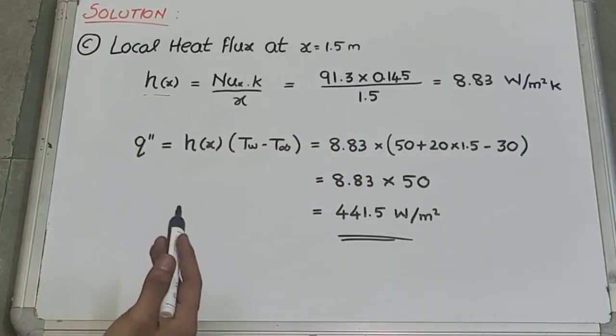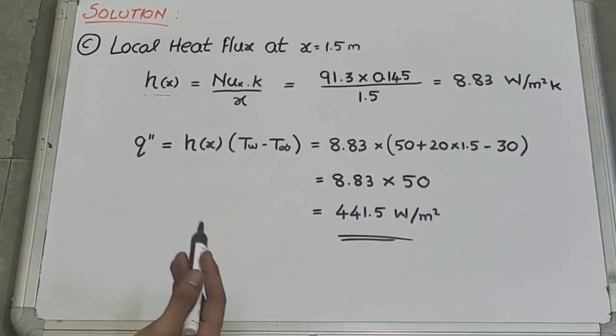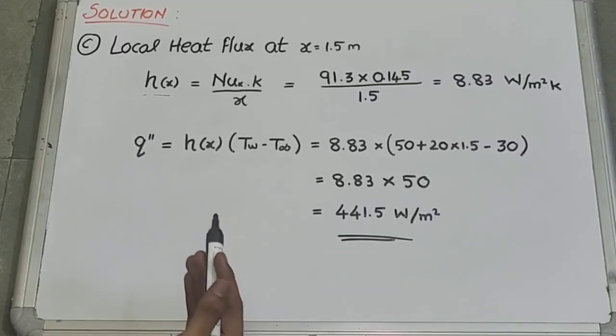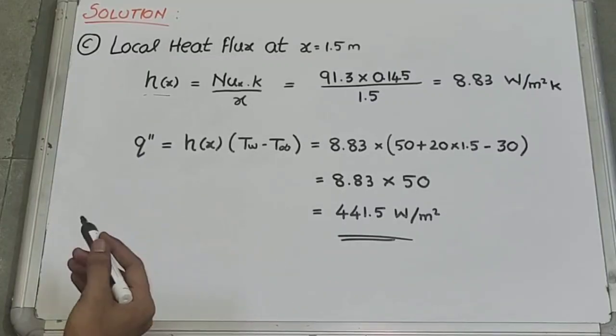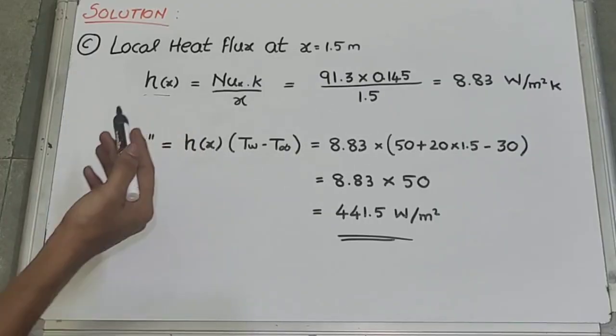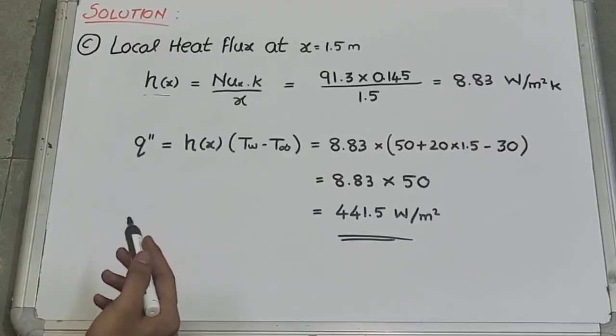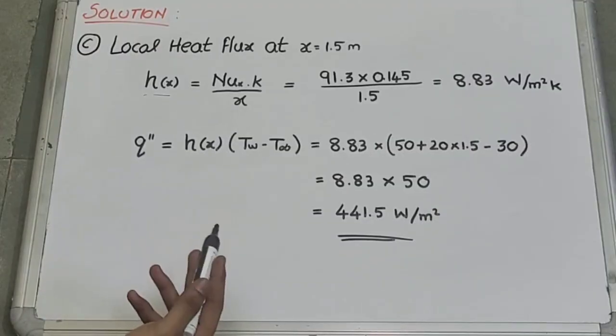Nusselt number is 91.3 and thermal conductivity is given as 0.145. Substituting all these values in the formula, we get the heat transfer coefficient as 8.83 watt per meter square Kelvin.